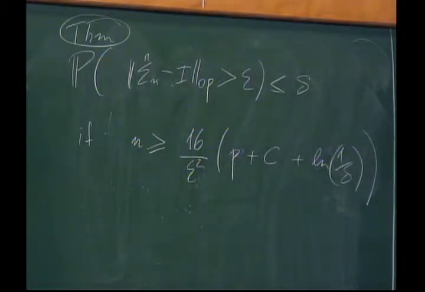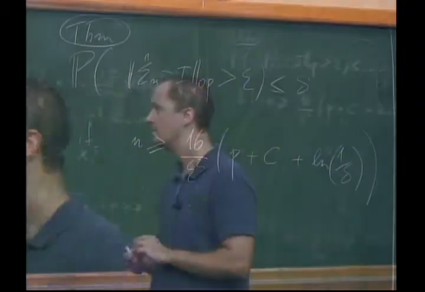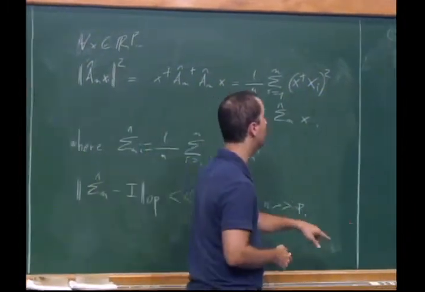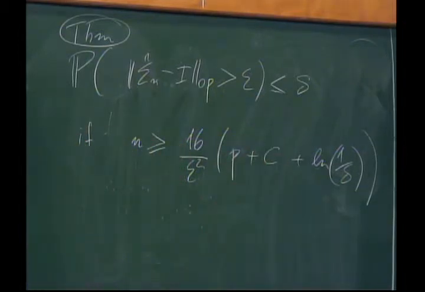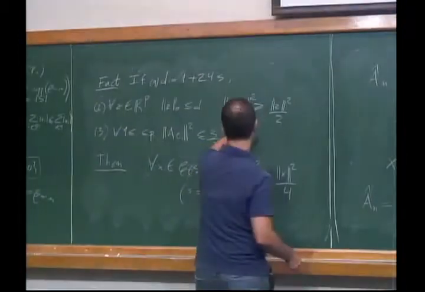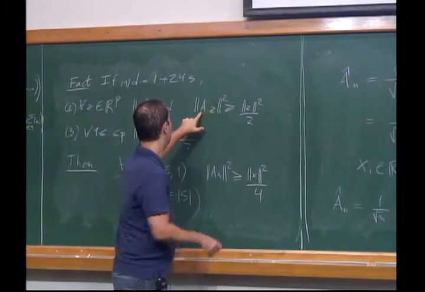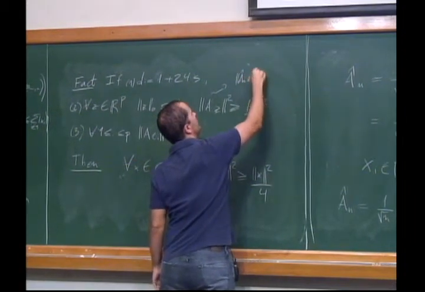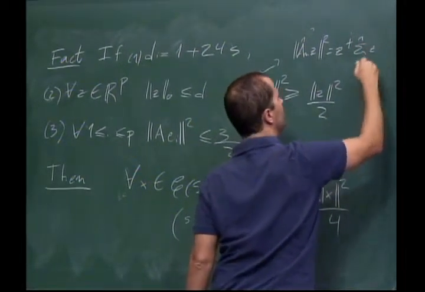The important thing to notice right now is that we're in a strange situation, because if we knew that this operator norm was small with high probability, then we'd be able to guarantee these two things with high probability. What do I have here? I have alpha hat n z squared, which is just z transpose sigma hat n z.